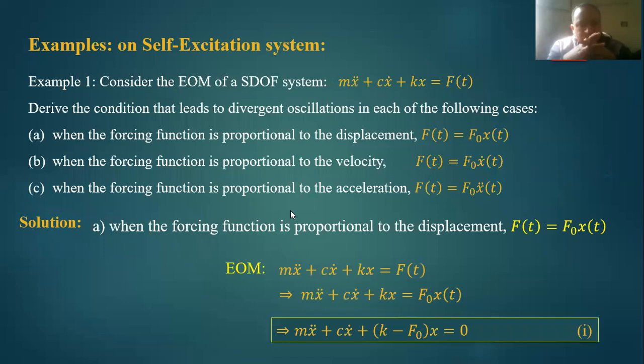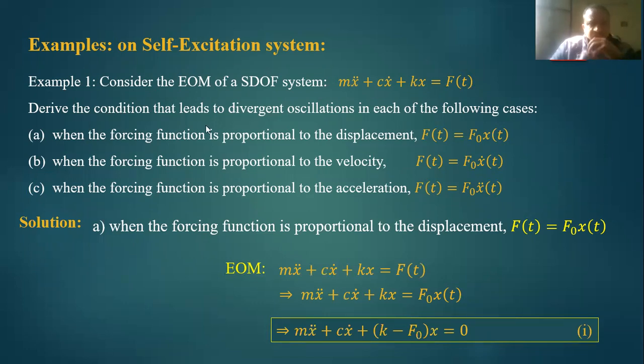So let's take some example in order to analyze the self-exciting system. We consider the equation of motion of a single degree of freedom system: m x double dot plus c x dot plus k x is equal to f of t.